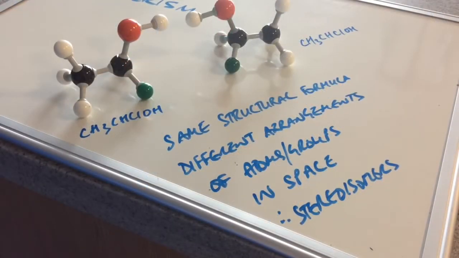So because their structural formulae are the same, but the arrangements of the atoms are different in space, because we have the green and the white not matching up together, we call these stereoisomers. So this is another type of stereoisomerism, and it's known as optical isomerism.